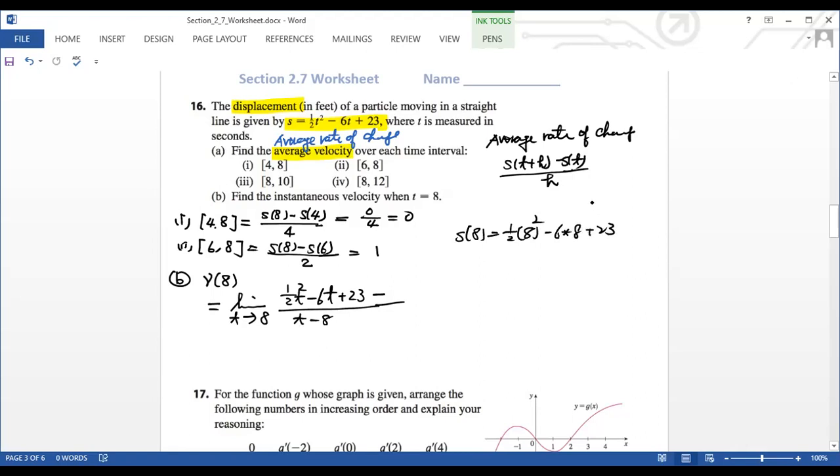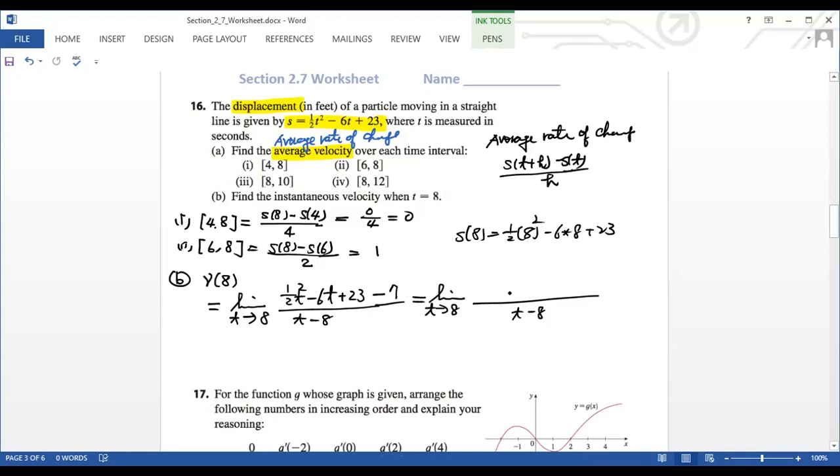So 8 squared is 64, and minus 48, and plus 23. So it will be 7, right? So then you do the same thing. So this is t approaches 8, then this is t minus 8. So 23 minus 7 will give you 16 here.